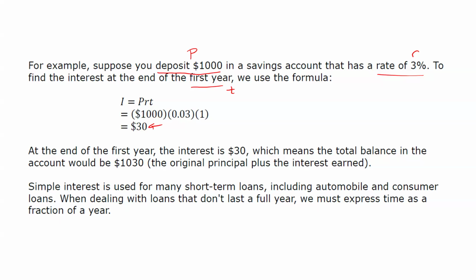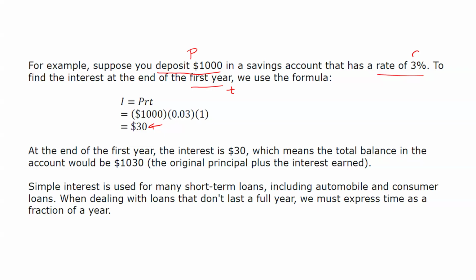So at the end of the first year, the interest is $30, which means the total balance in the account would be $1,030, which is the original principal, the amount you deposited, plus the interest earned, which is $30.